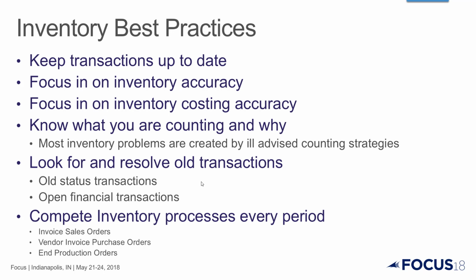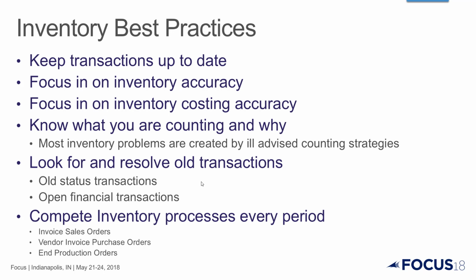So the more you can do to get the vendor invoice current to the period, the better off you are. So a lot of people leave their month open for a few days so they can post those vendor invoices into that period they're closing.